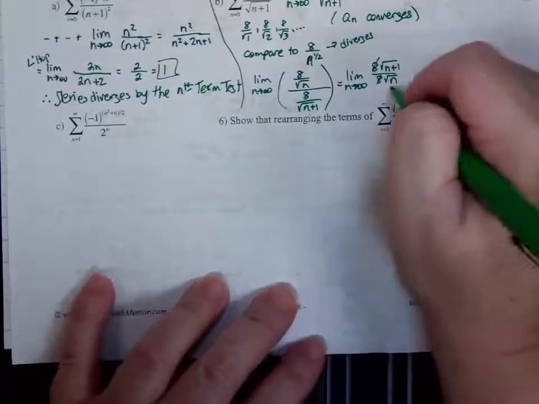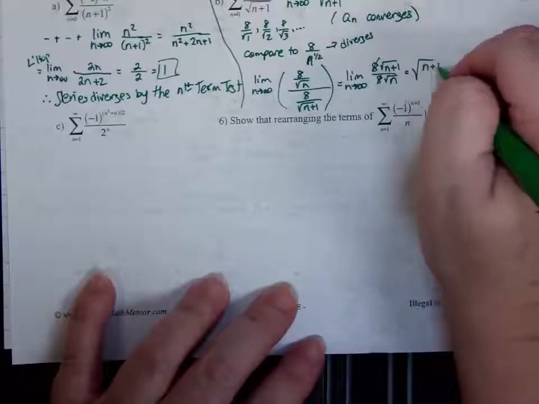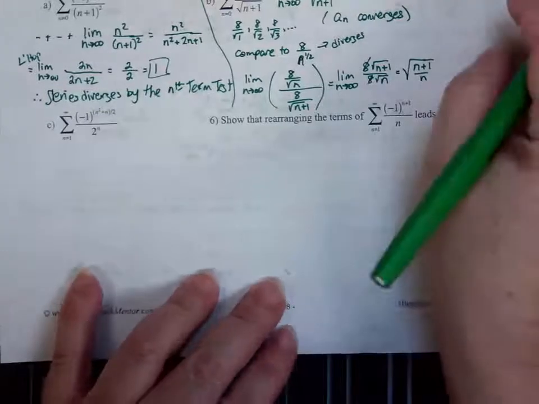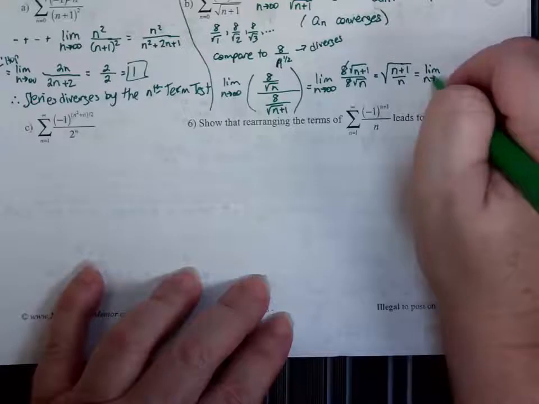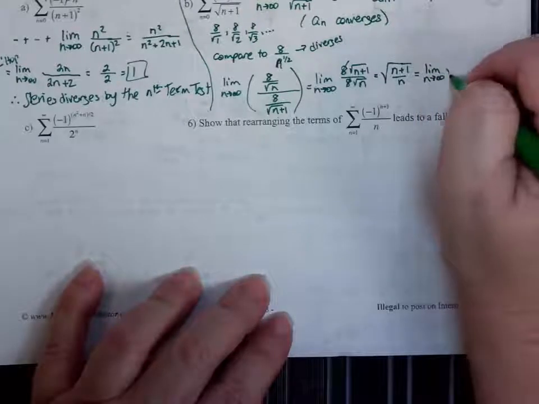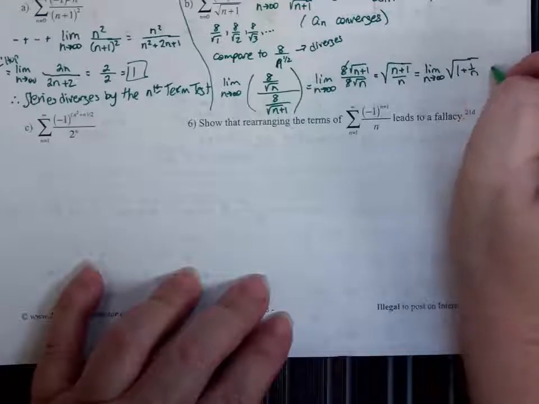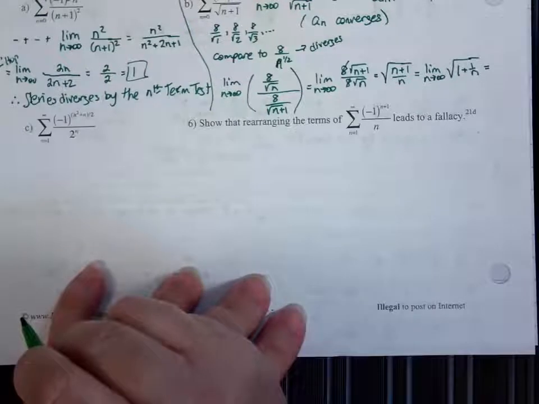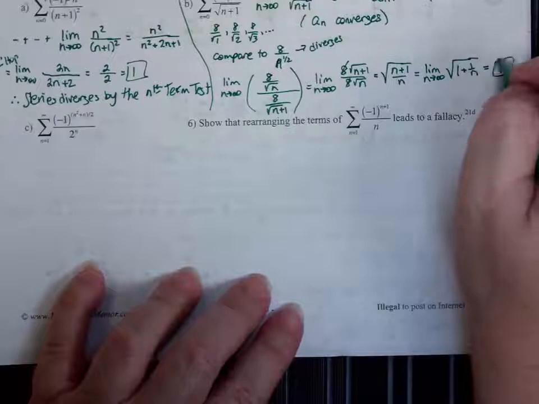So this now becomes the square root of n plus 1 over n in one square root sign. We did that yesterday too. So this is the limit as n approaches infinity of the square root of 1 plus 1 over n. Am I going to get a number answer? Yes. Okay, for this test, I don't care what the number is.